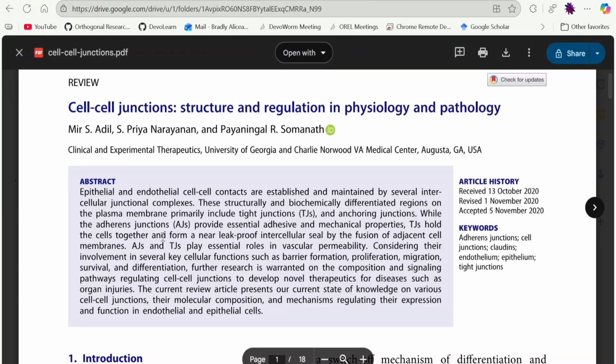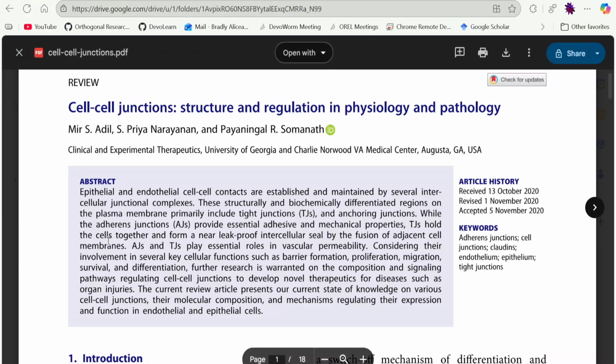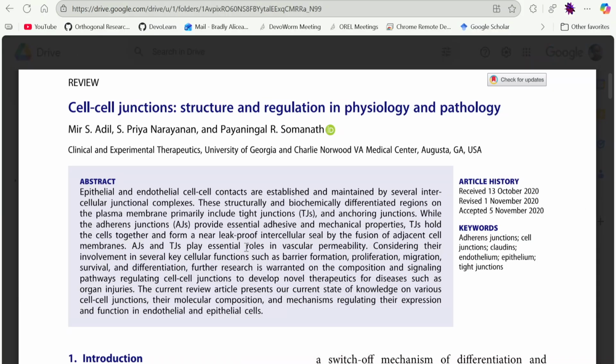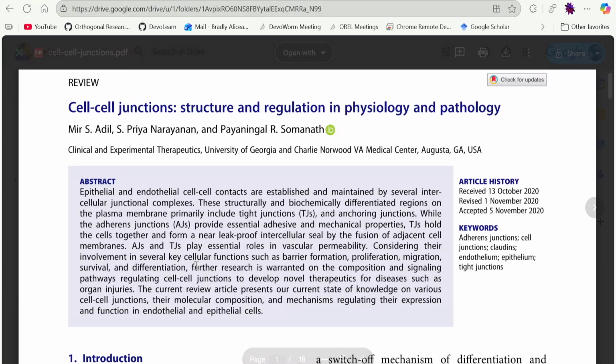TJs hold the cells together and form a near leak-proof intracellular seal by the fusion of adjacent cell membranes. Okay. AJs and TJs play essential roles in vascular permeability, obviously, considering their involvement in several key cellular functions such as barrier formation, proliferation, migration, survival, and differentiation.